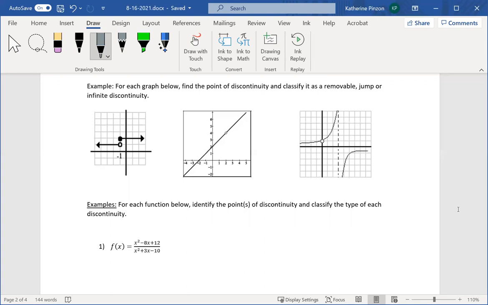So first one. So it's removable. Remember, you're doing 2 things. You're telling me where the discontinuity is, and then you're labeling which kind it is.